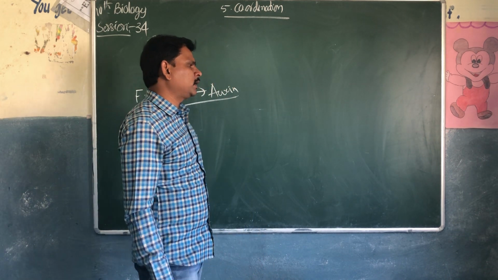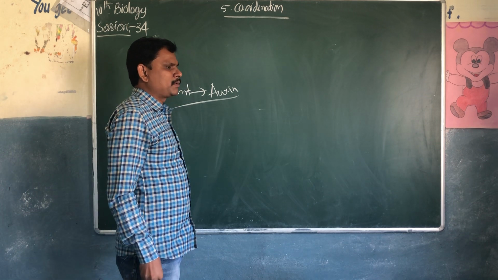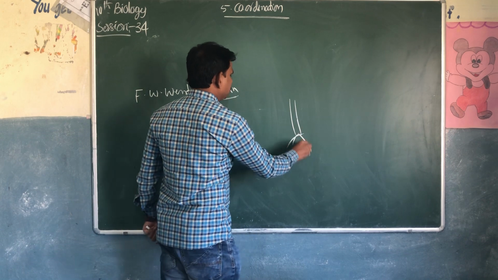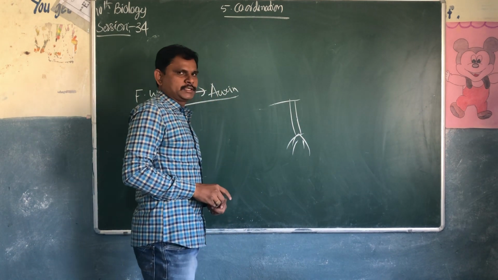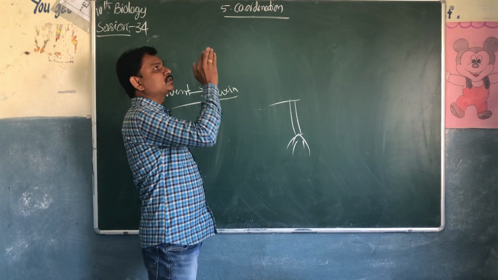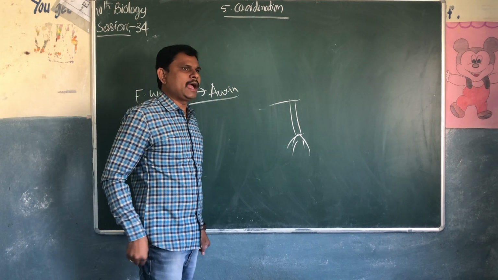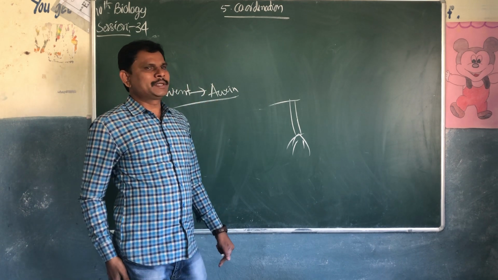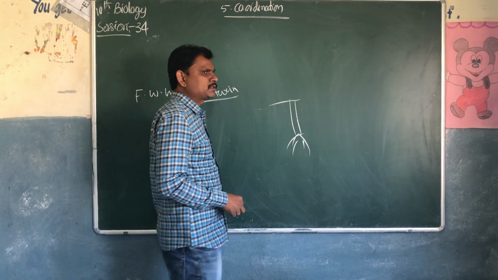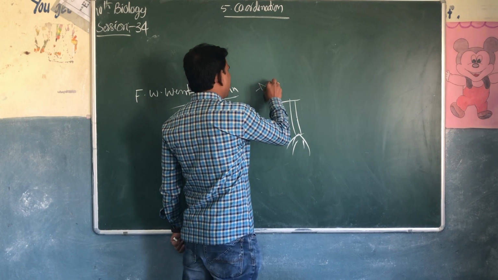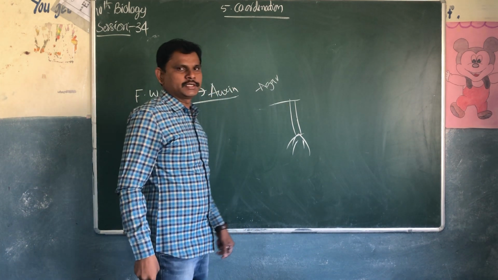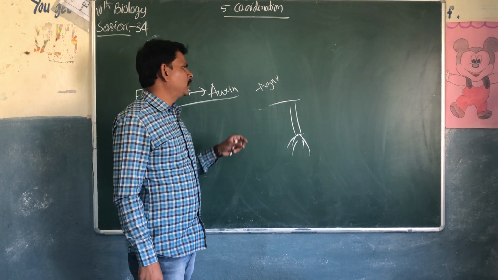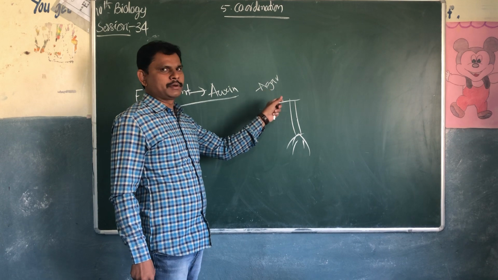He did experiments on plants which always grow toward the sunlight when their tip portions are intact. So he cut the tip portion of the plants. He kept some agar blocks on the cut tips. Agar is a substance obtained from algae in the ocean.